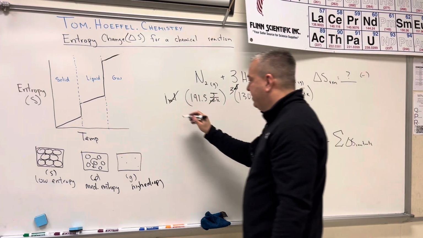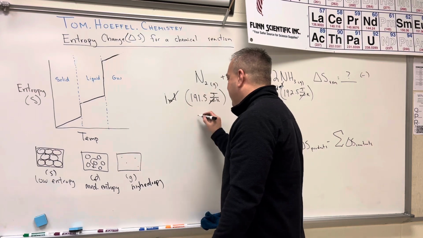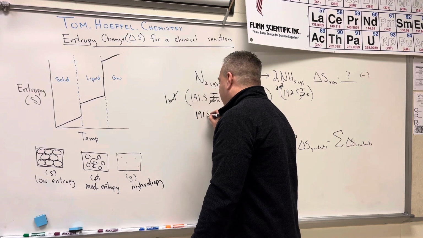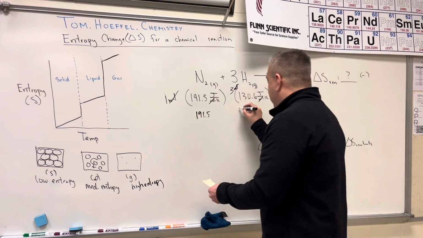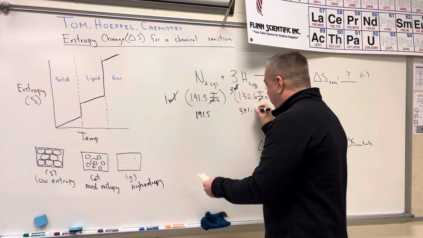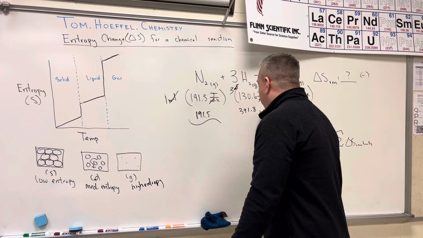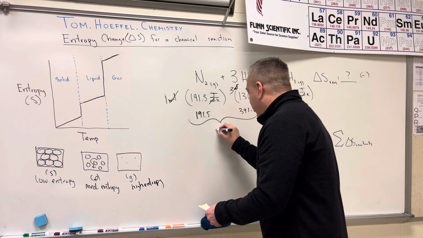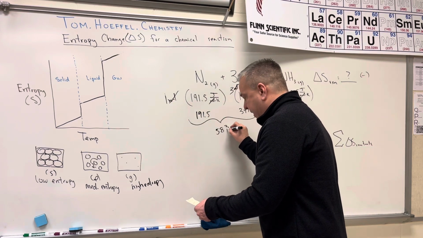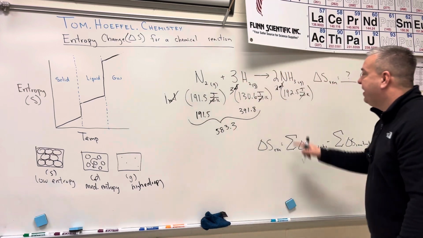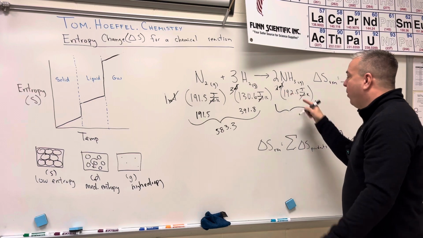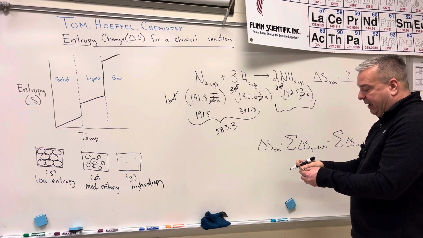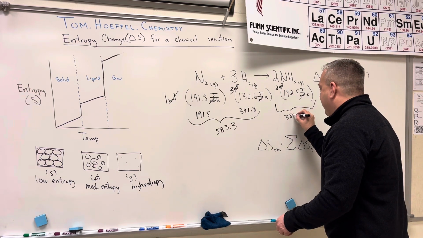So when we sum up 1 times 191.5, that's just 191.5. 3 times 130.6 is 391.8. And when we sum those two things together, we get 583.3. This side is a little bit easier. We just take 2 times 192.5, and that gives us 385.